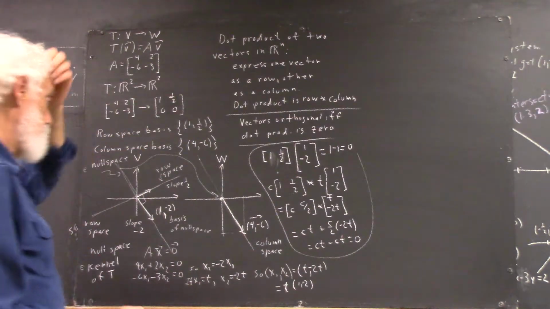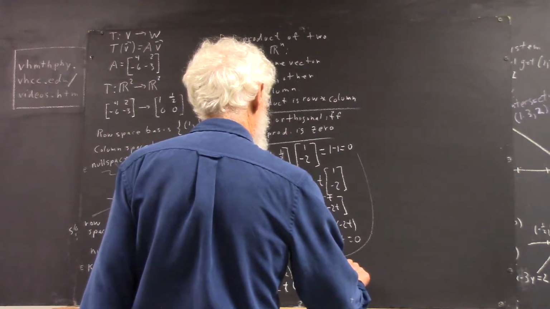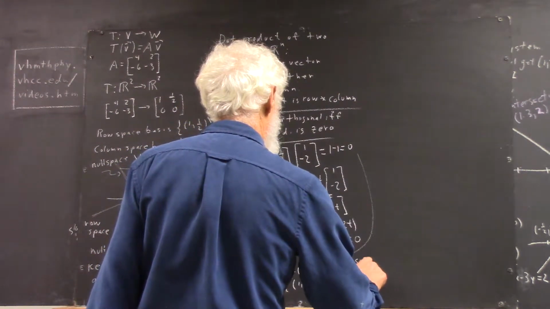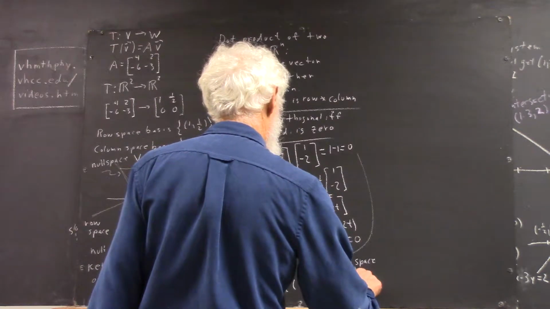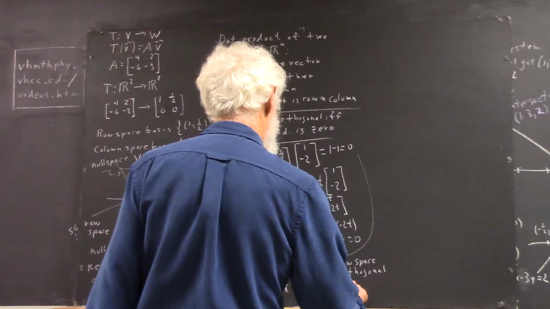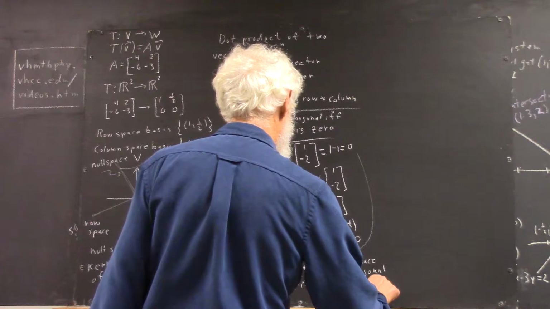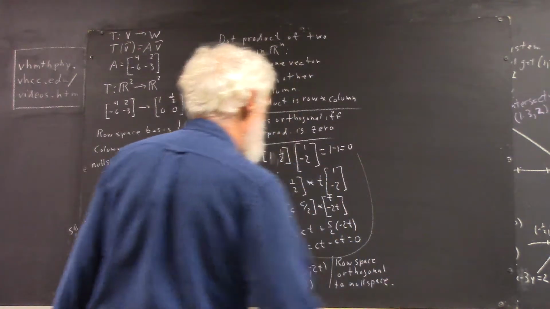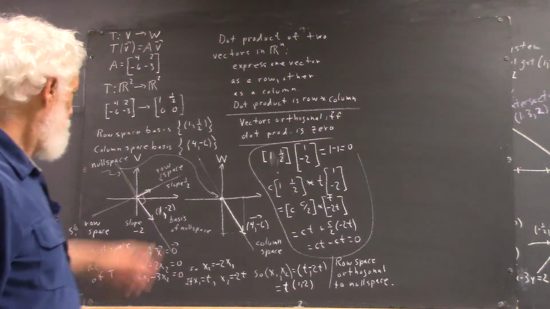Okay? The row space is orthogonal to the null space. Now what about the column space?